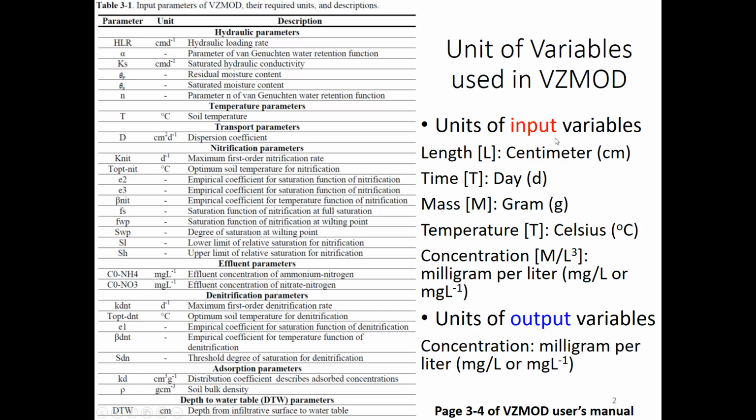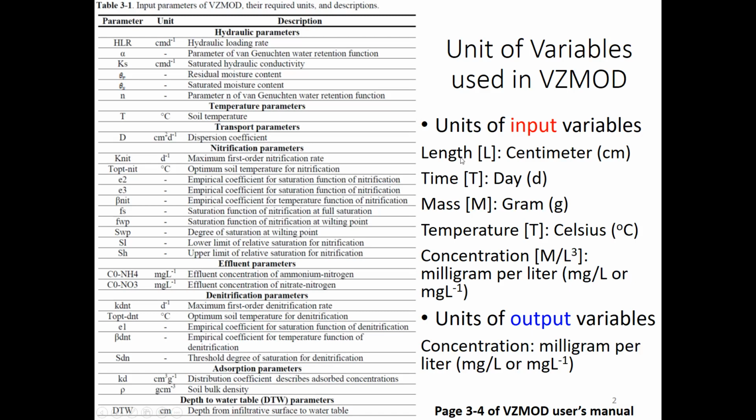When we talk about units, Vismod uses five units. One is the unit of length, and the L in the square bracket means a unit of length; T is for time, M for mass, another T for temperature, and concentration, a derived unit, is mass per volume, that's mass per length cubed.